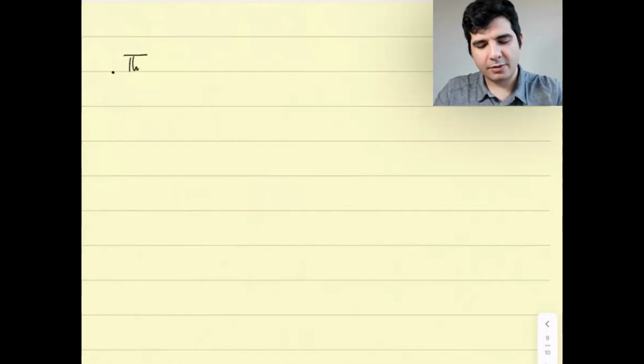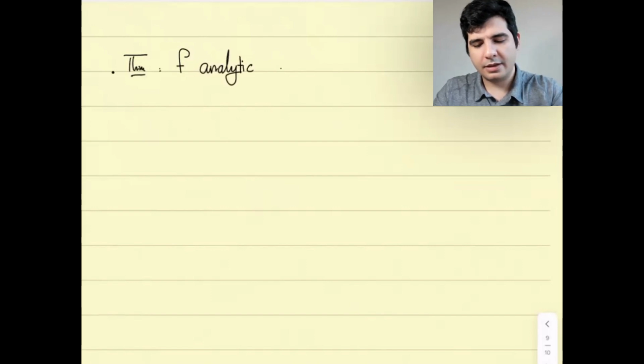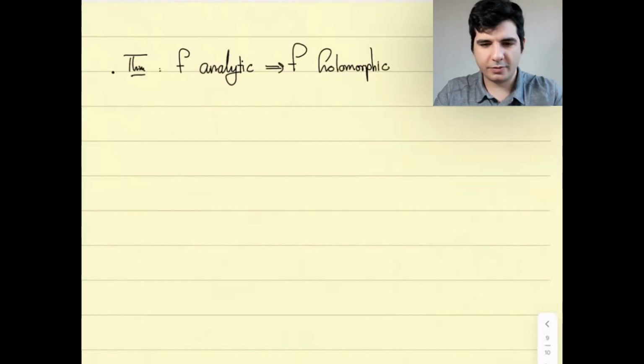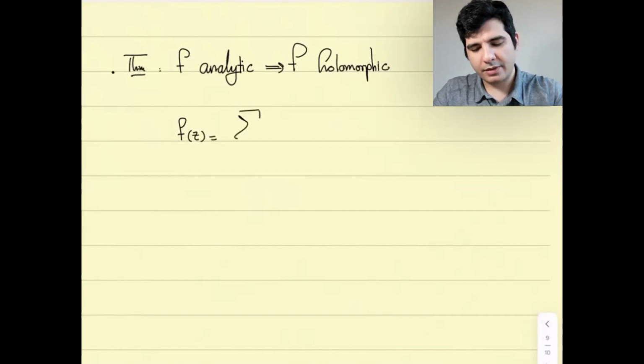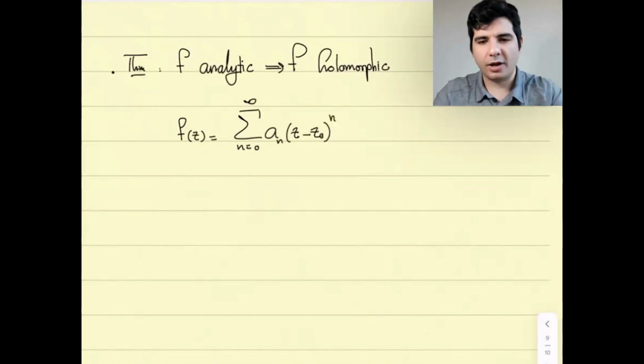Okay, so let's go back to our theorem. F being analytic implies F is holomorphic. This is what we want to prove, right? So we know f of z is equal to the sum from n equal to 0 to infinity of a_n times (z minus z naught) to the n on a suitable small neighborhood of z naught, right?